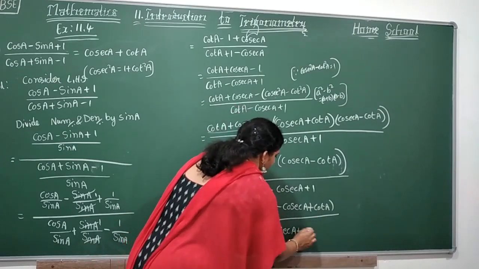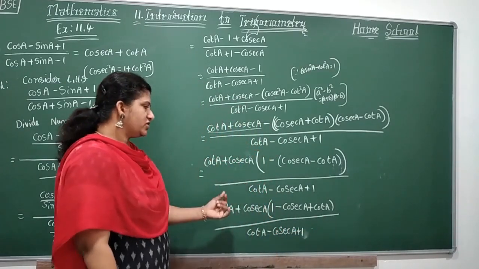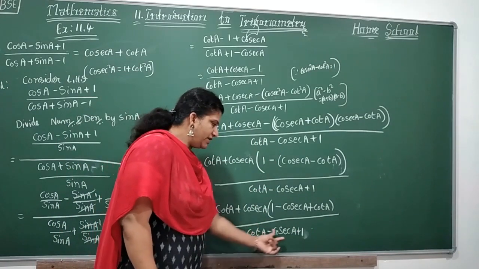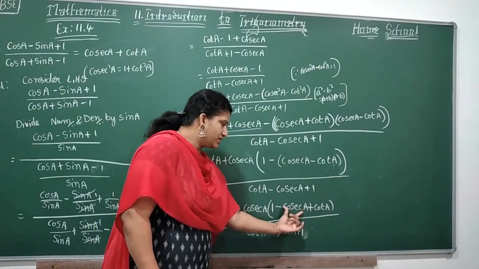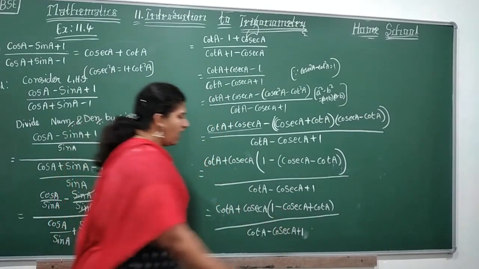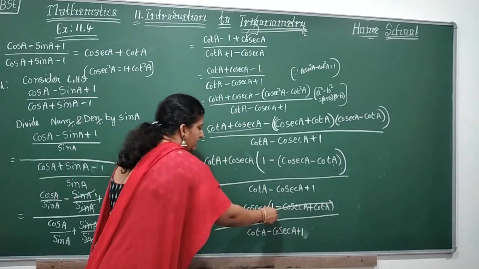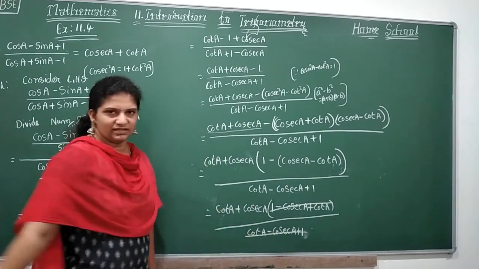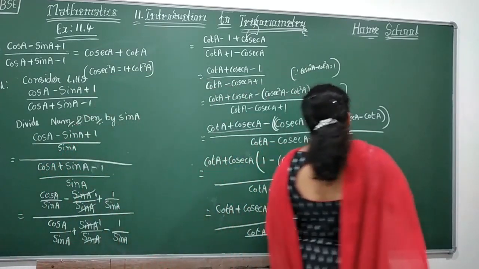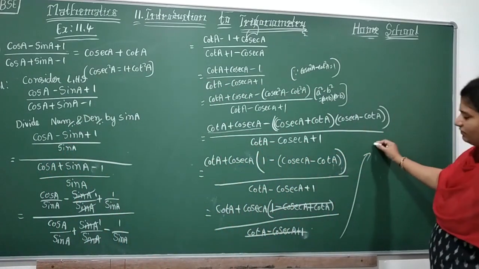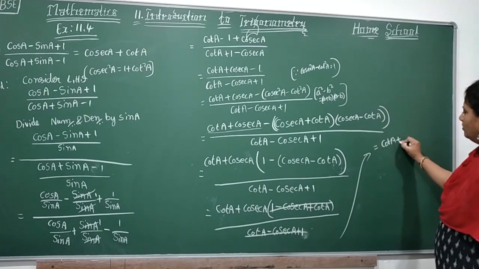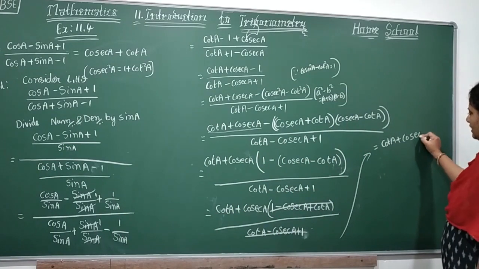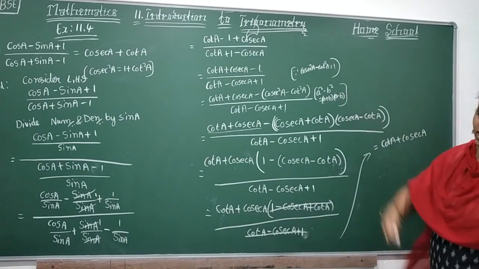Now look here, children. Cot A minus cosecant A plus 1, same as cot A minus cosecant A plus 1. So now what can you do? Directly you can cancel this. Okay. Now what are you left with? What you are left with, children, is cot A plus cosecant A. See here, same as your RHS.